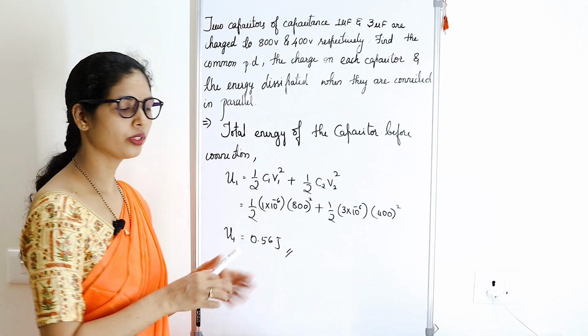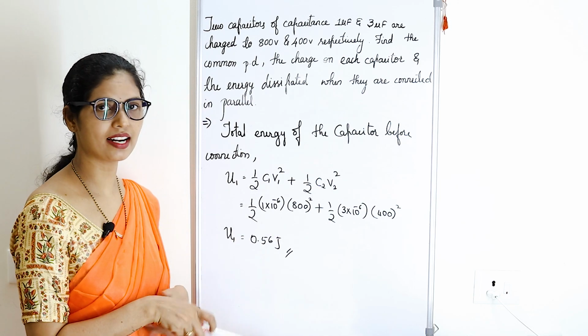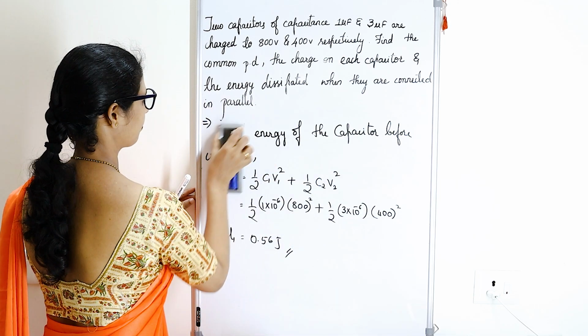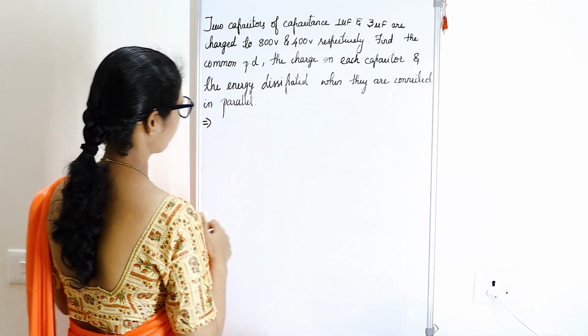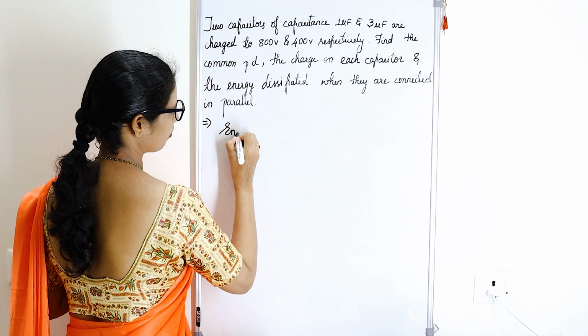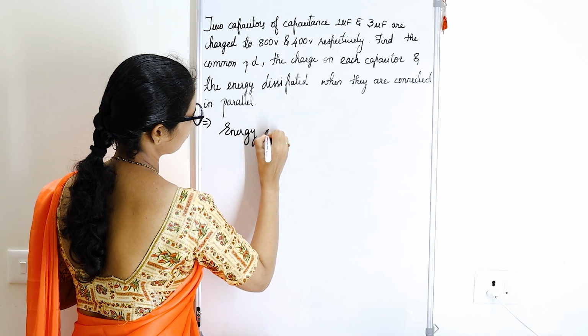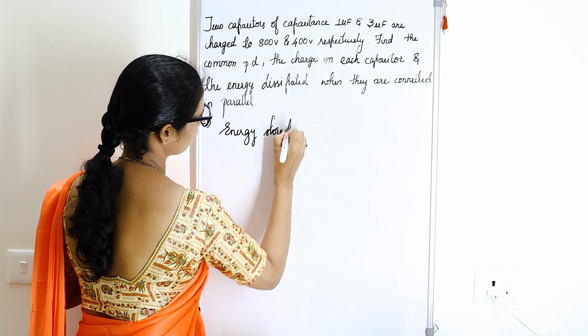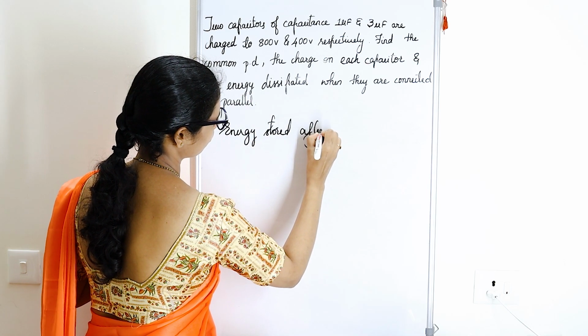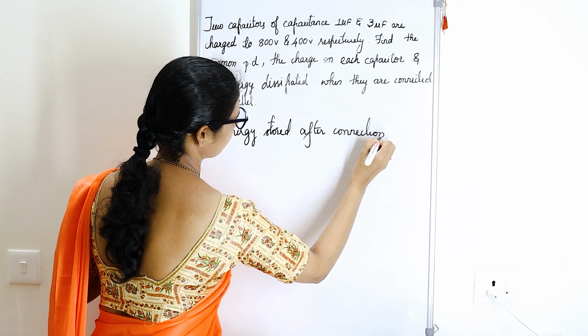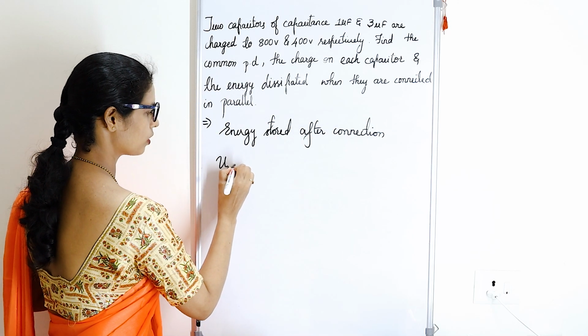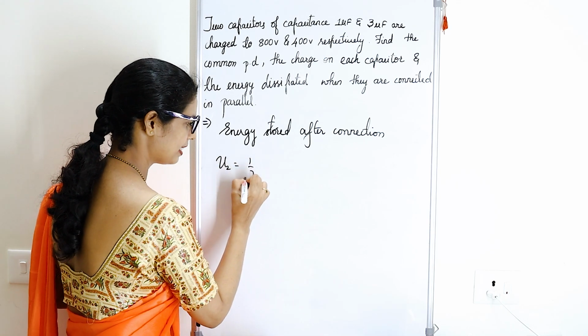And then we'll move to the energy stored after parallel connection. That is U2 equals half, as it is.